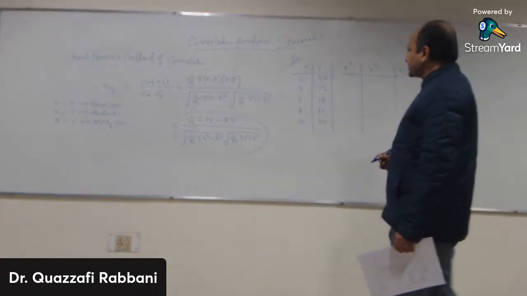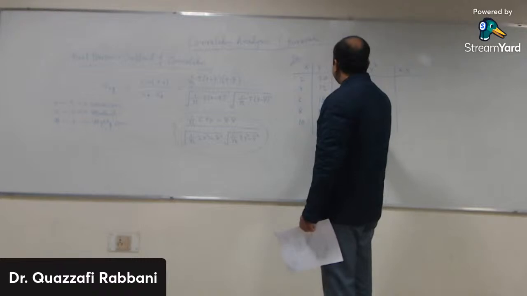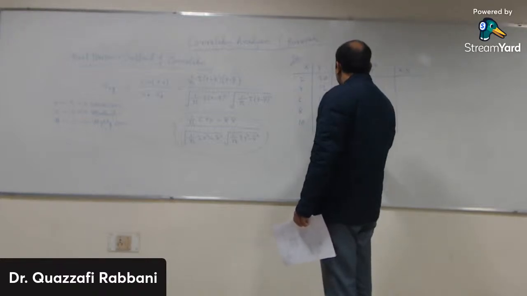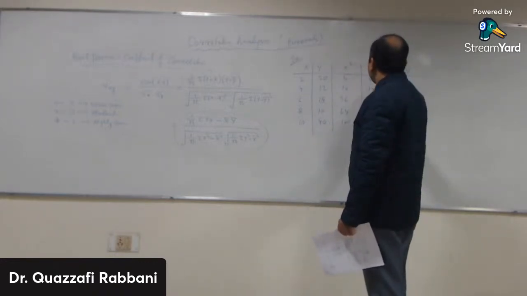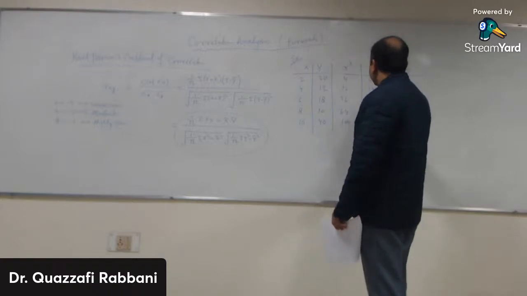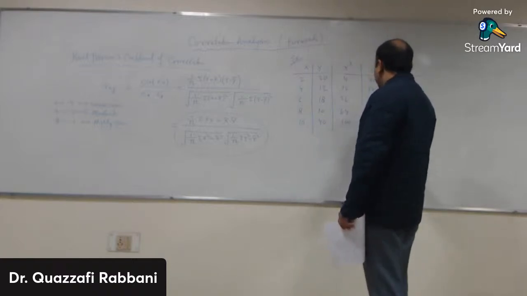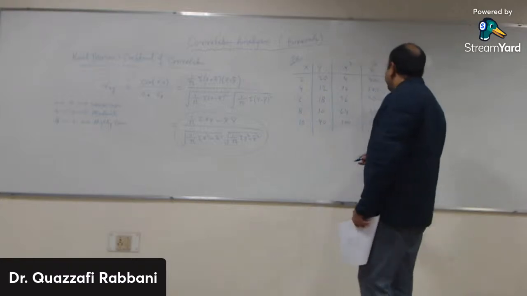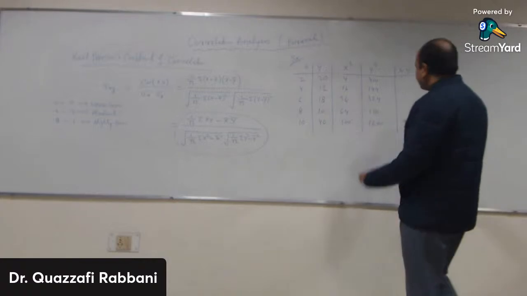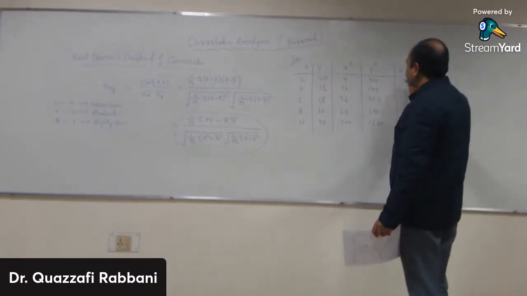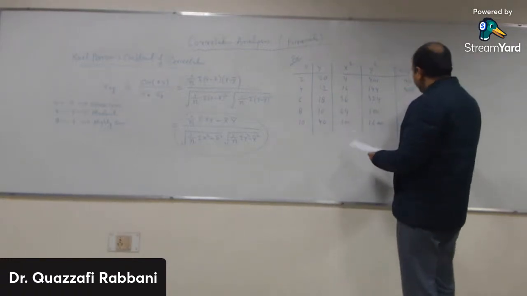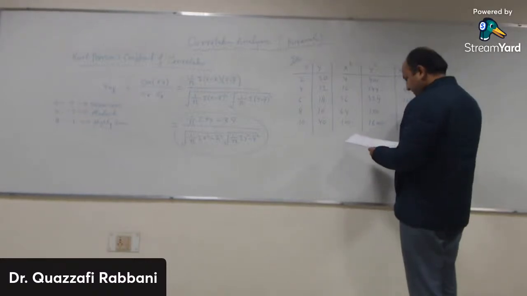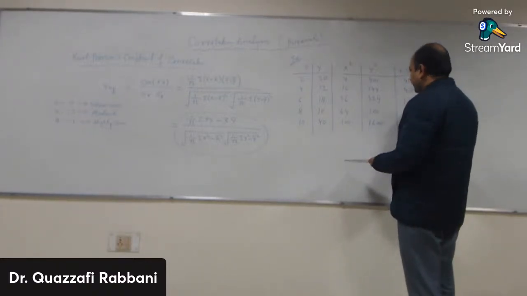Just prepare the table. x square is 4, 16, 36, 64, and 100. y square is 400, 144, 324, 100, and 196. Now xy is 40, 48, 108, 80, and 140.